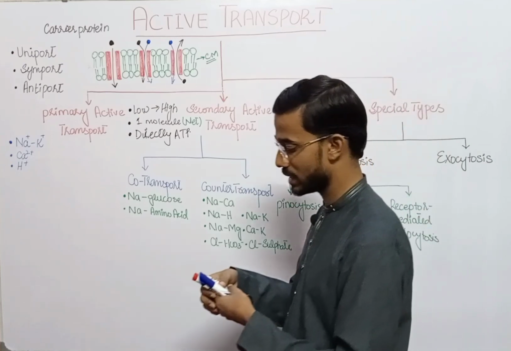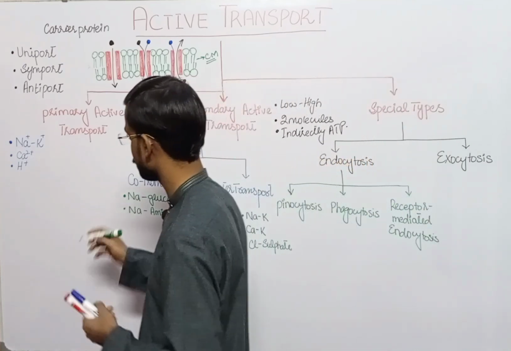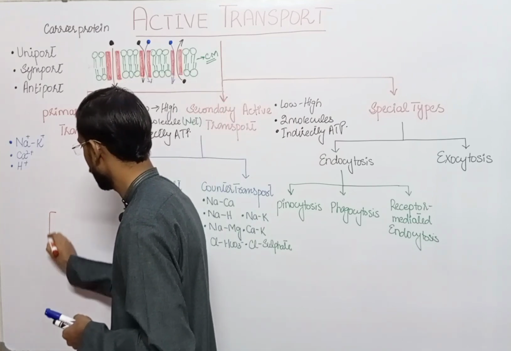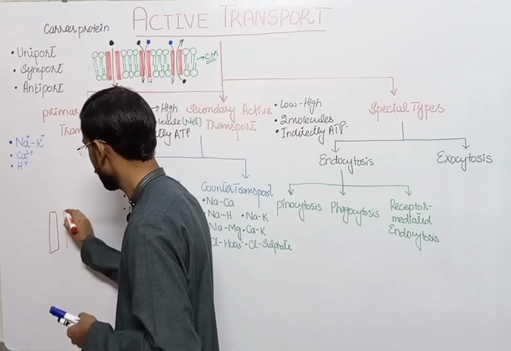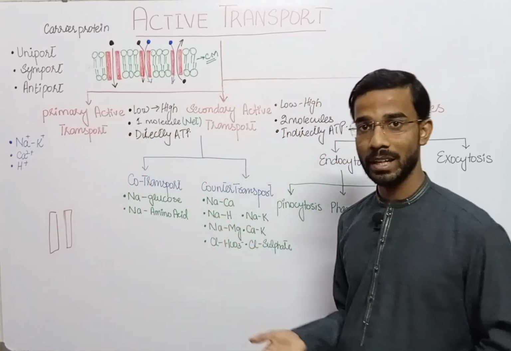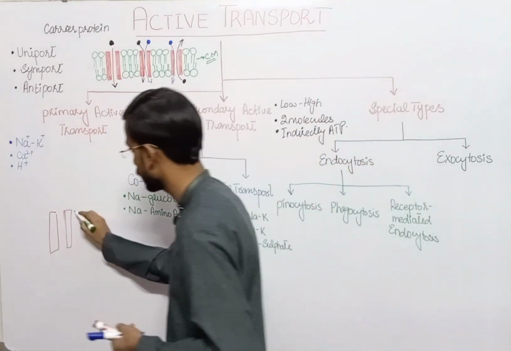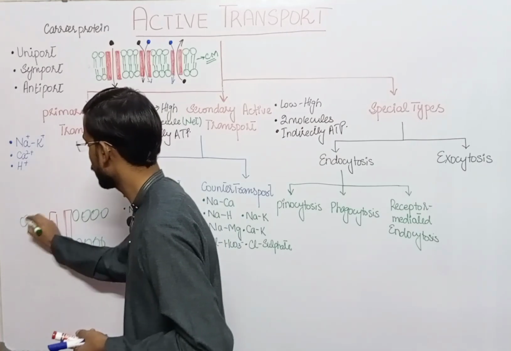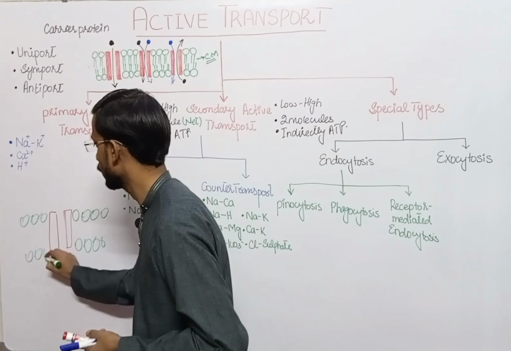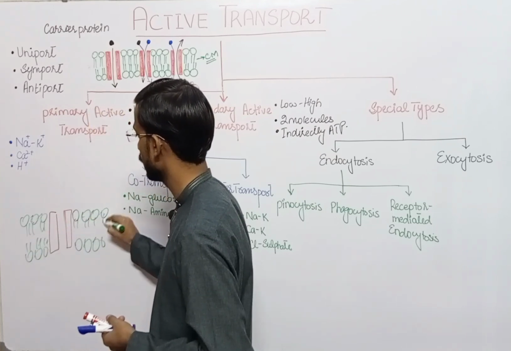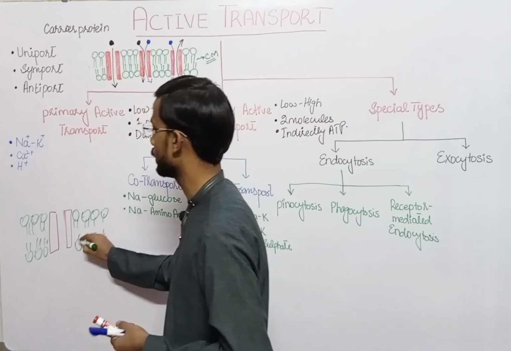Let's discuss an example. Let's suppose this is the carrier protein and here is the plasma membrane lipid bilayer.